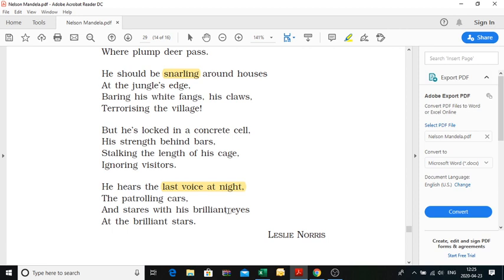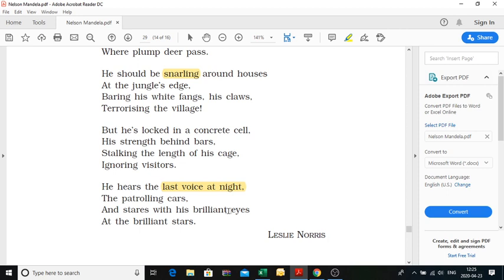What does he hear at night? रात को वो क्या सुनता है? What does he hear at night? Answer me this also.